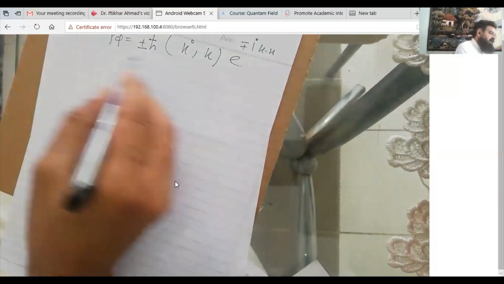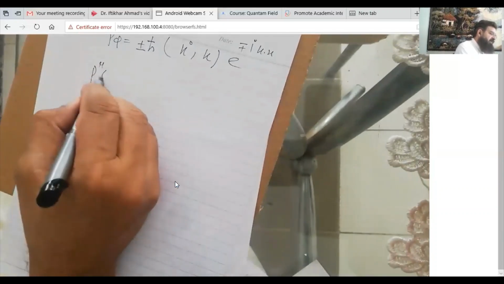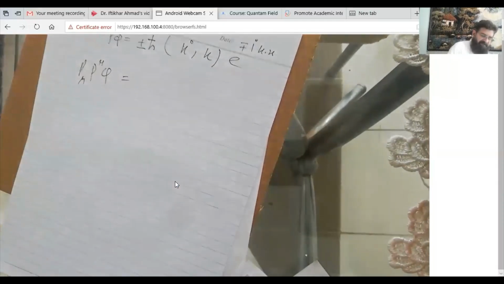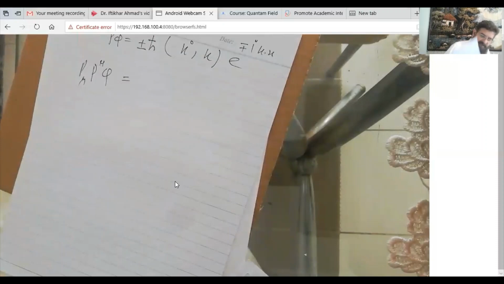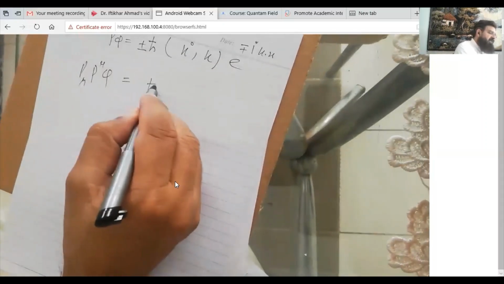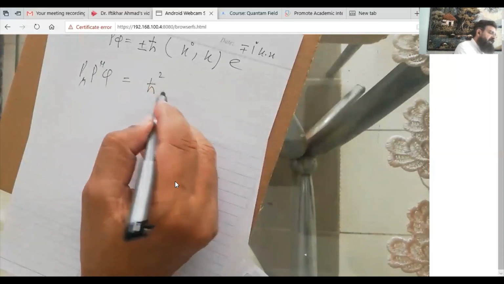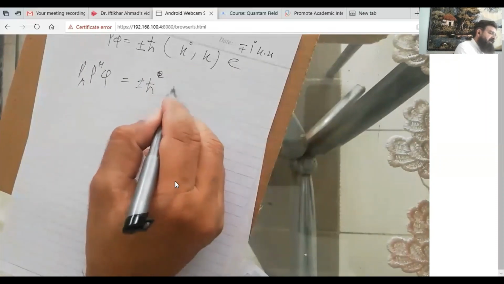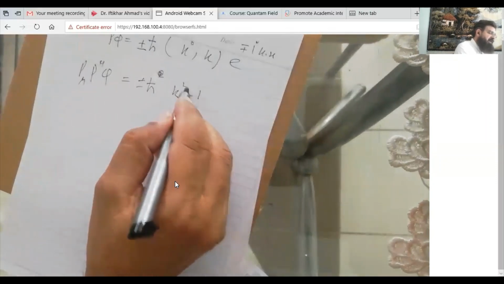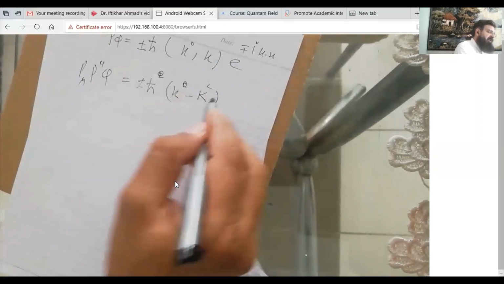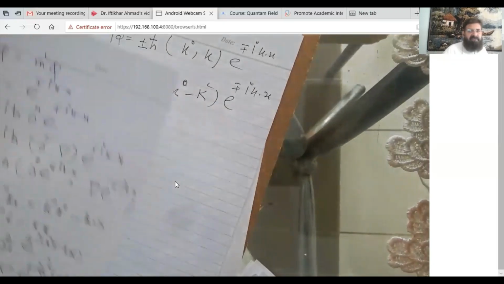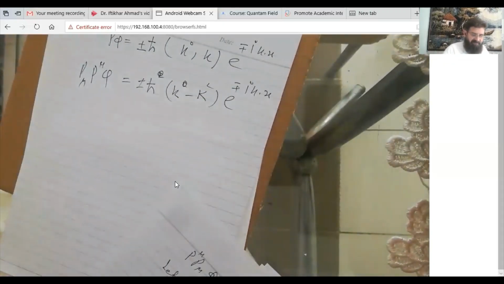When you operate P_mu and P_nu on phi again, you get the value of h-cut squared, and then plus minus (k_0^2 minus k^2) into e raised to the power minus plus iota k·x. Got this point?